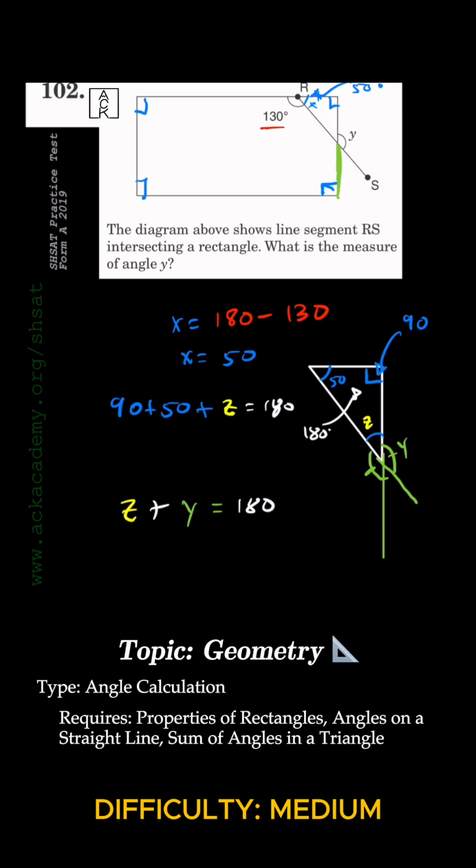So 90 plus 50 is 140. 140 plus Z equals 180.